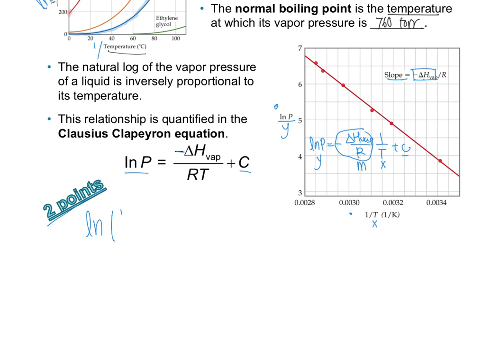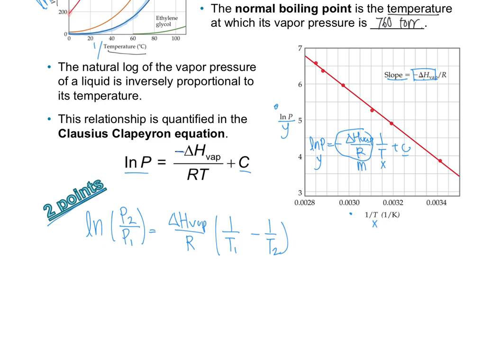So it's the natural log of pressure at condition 2 over pressure at condition 1 equal to ΔH_vap over R times 1 over T1 minus 1 over T2. So notice here I have condition 2 going on the top for pressure and on the back for temperature.